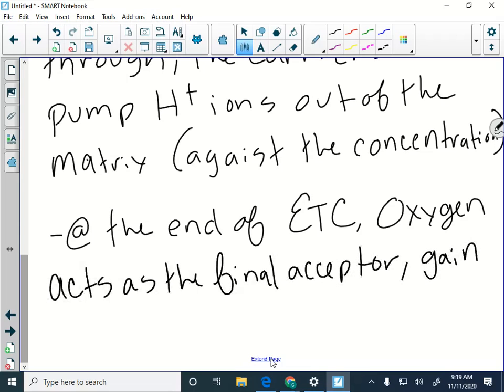It'll gain electrons and hydrogen ions, and we will get water. This is how water is a byproduct of cellular respiration. Because when oxygen gets those final electrons, we're going to reform water. And we're almost there.